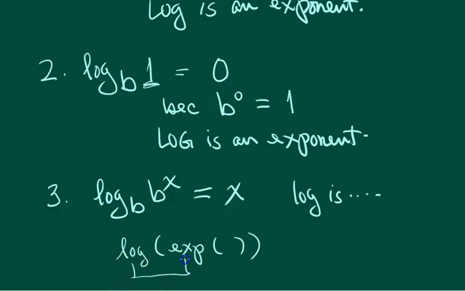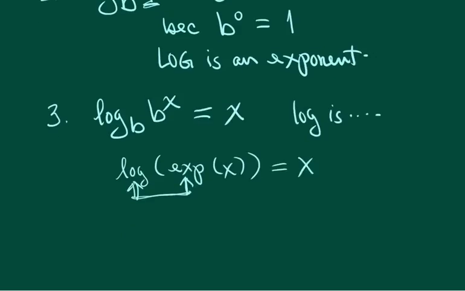And remember that logs and exponents are inverses. That means that they collapse together, provided they have the same base, the log and exponential function, and poof, out comes the inside. So the reason for this is we have inverses.